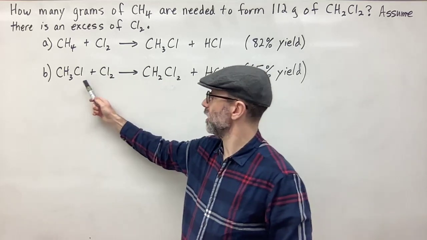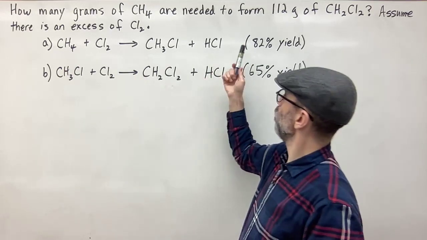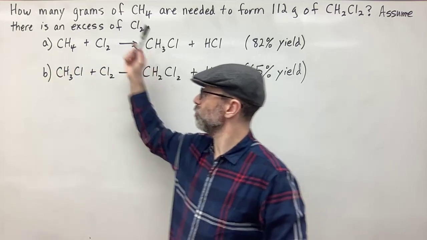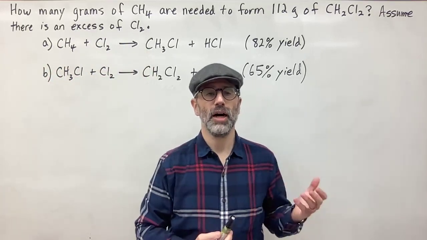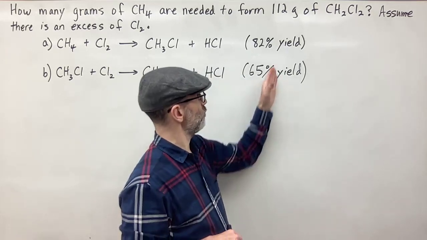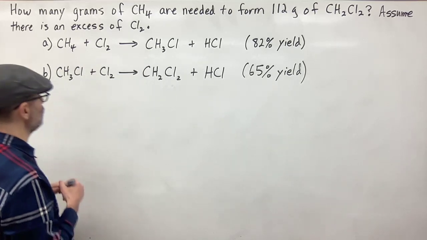And then when we get the moles of the chloromethane, then we'll use the mole ratio between chloromethane and methane again to get to moles of methane, and then use molar mass to convert to grams of the methane. But now we have to add to that these yields here. Okay, so let's go ahead and get started.